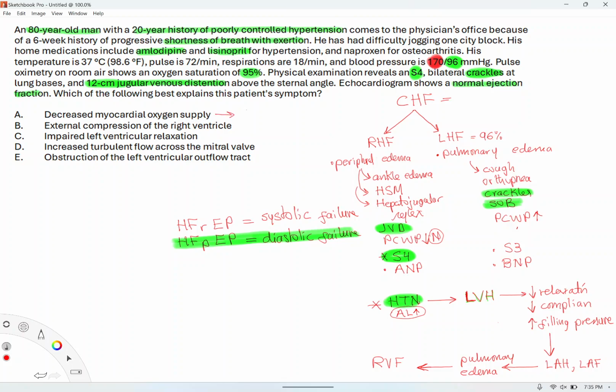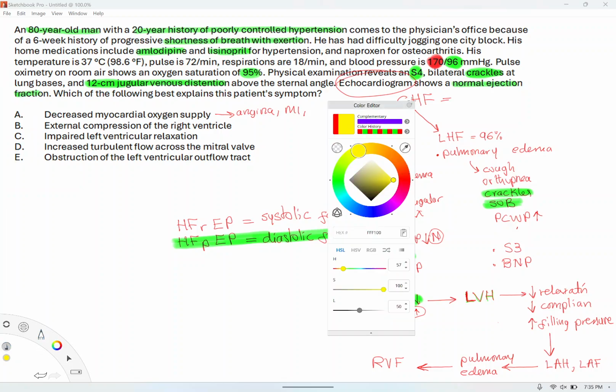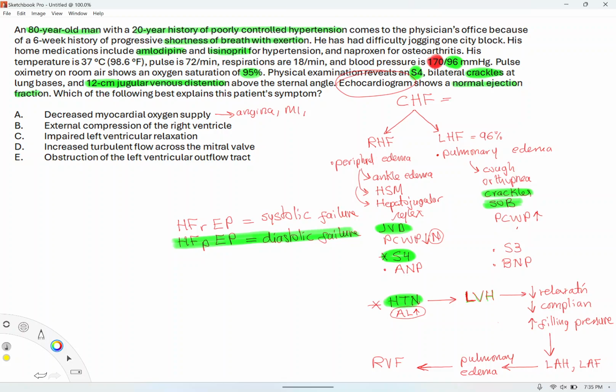It talks about myocardial ischemia, whether it's angina or MI, or whatever the cause of myocardial ischemia is. And since we're given an echocardiogram, we have to talk about the echocardiogram finding, so that way you can relate to it.